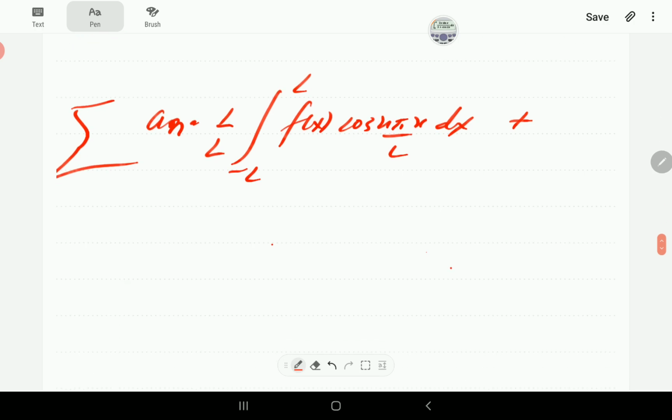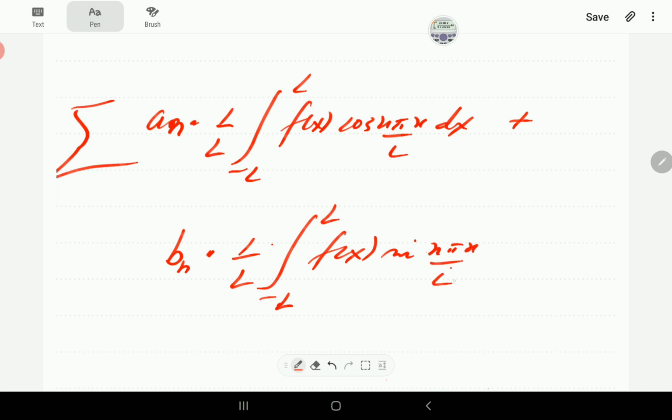Then last is going to be bn times 1 over L integral from minus L to L of f of x sine n pi x over L dx, and sums from 1 to infinity.